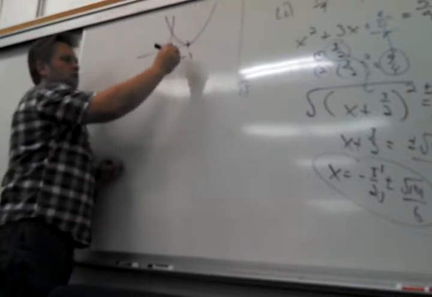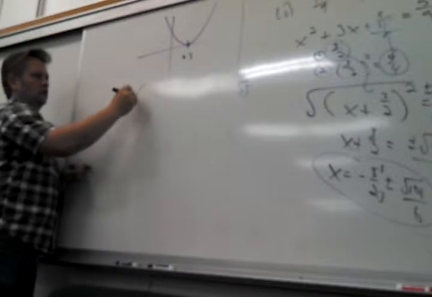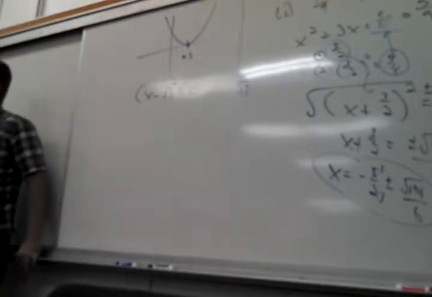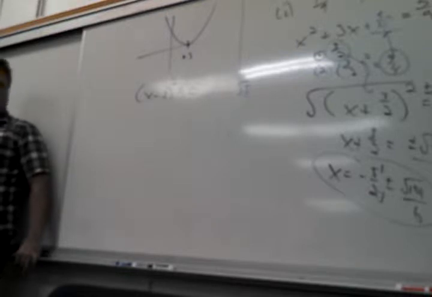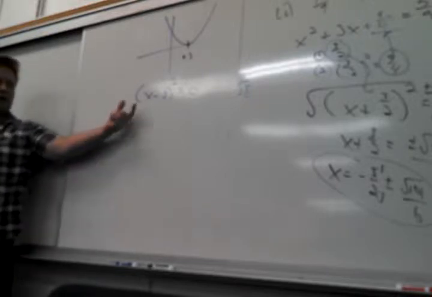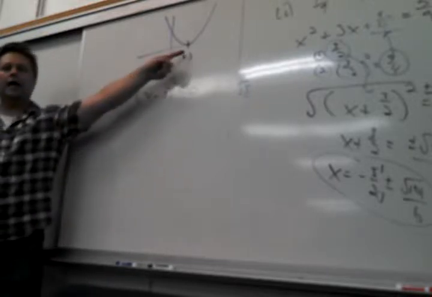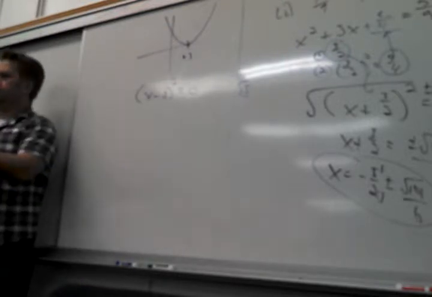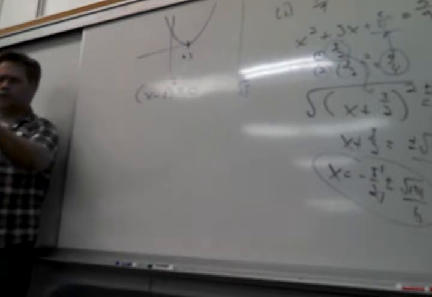So this would be something like that. What's the only answer? The only answer is 3. It's the only way to make this 0, right? So you get one answer. This parabola would sit on the x-axis. You guys kind of with me?